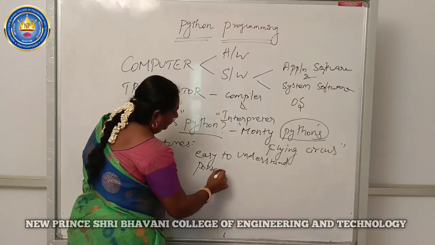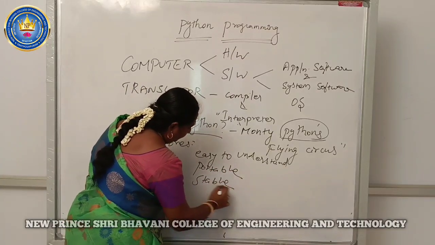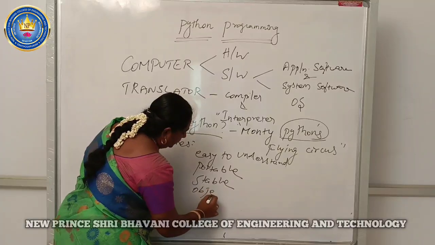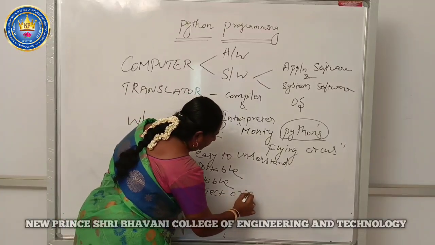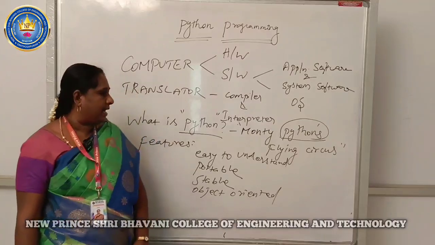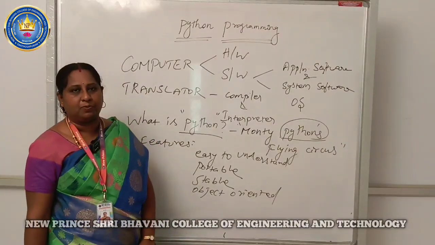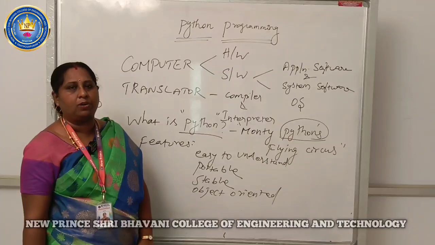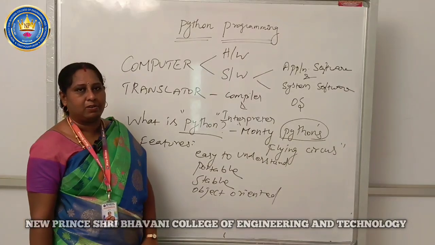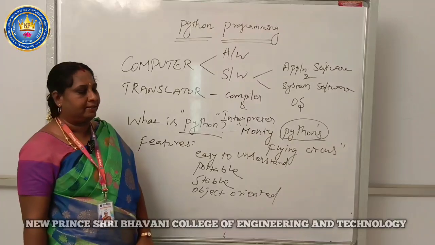It's portable, stable, object oriented. Object oriented means class, encapsulation, polymorphism and objects, everything is possible in Python programming also. All the object oriented concepts are included in our Python. So these are all the features of Python.